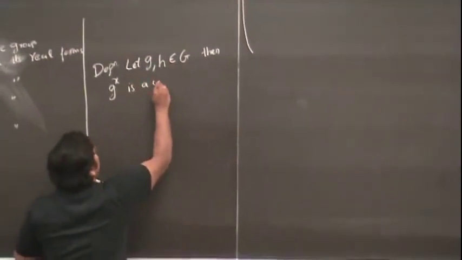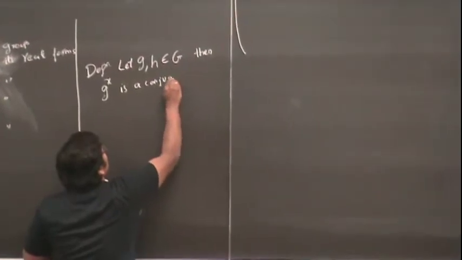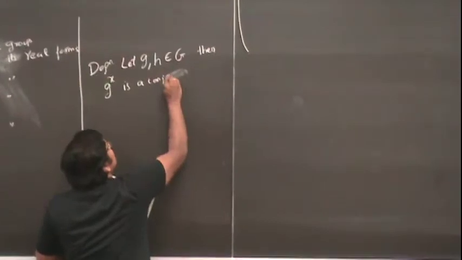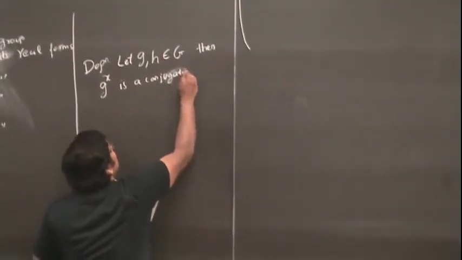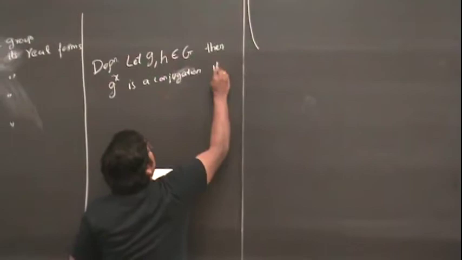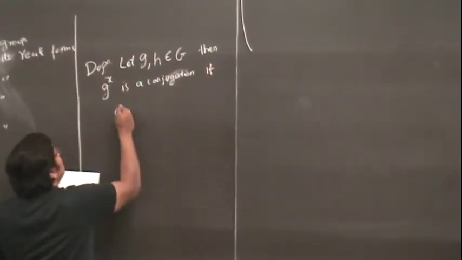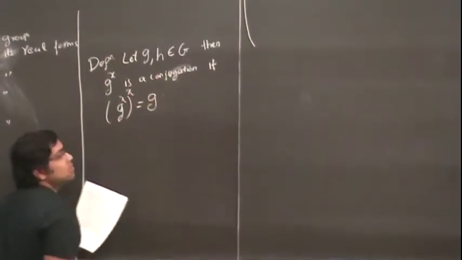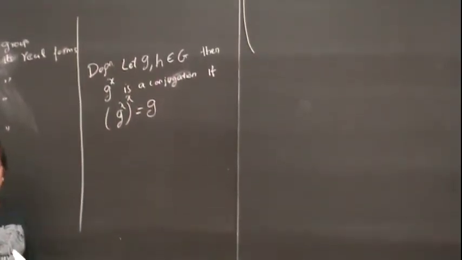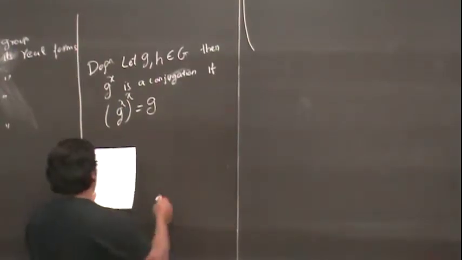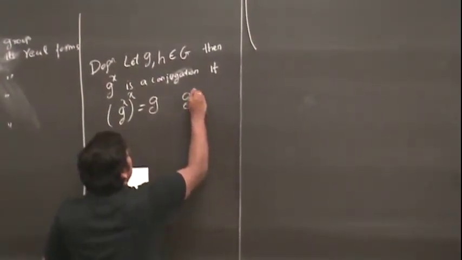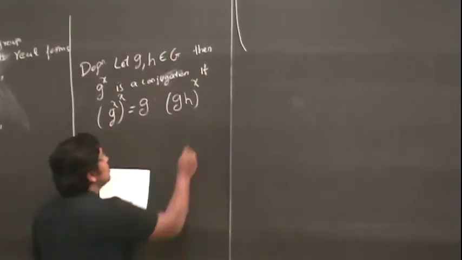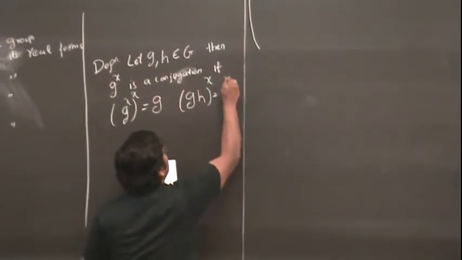It is a conjugation if doing it twice gives back the element, and also if you do it on a product of g and h, you get the product of the conjugations.